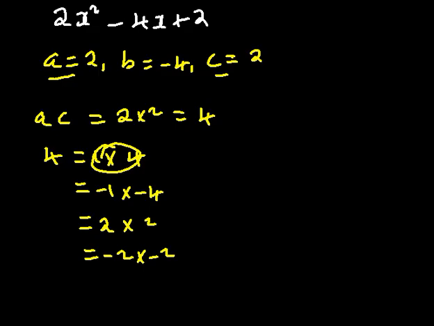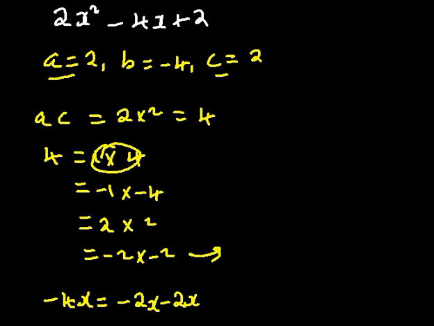Now from these pairs, which pair when added will give us negative 4? The pair is this one. Therefore we express negative 4x in terms of negative 2 and negative 2, which means negative 4x is the same as negative 2x, negative 2x. So that's the principle behind it.